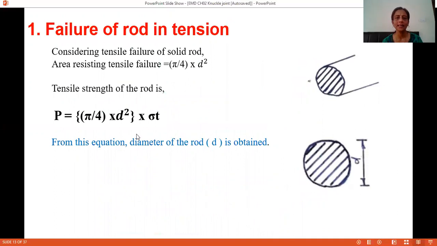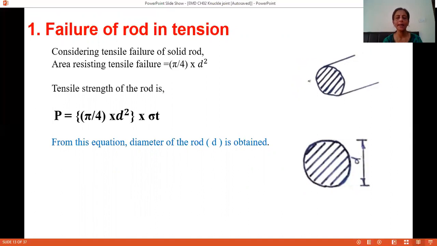Now let us see the design procedure of knuckle joint. So the rod will be subjected to tensile failure. And when it is subjected to tensile failure, it will fail this way. And we see from this diagram, this is a two-dimensional diagram. This is the area of failure.